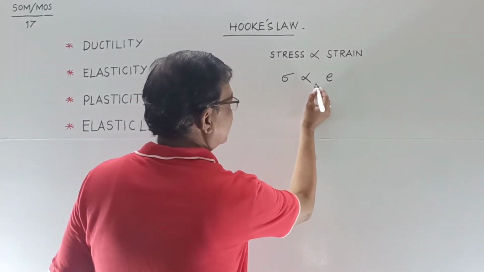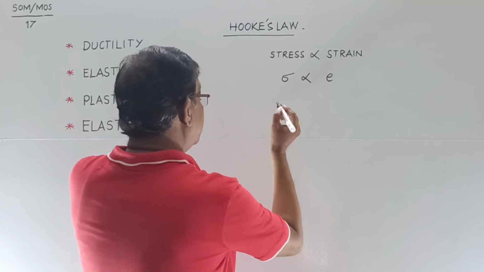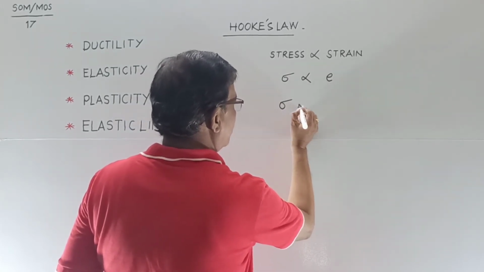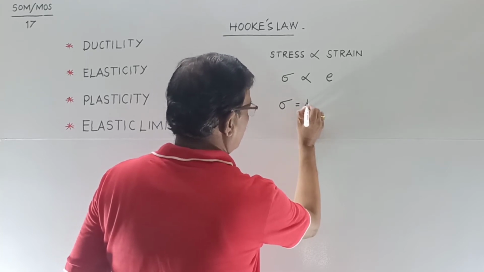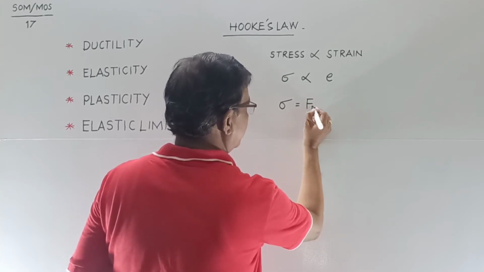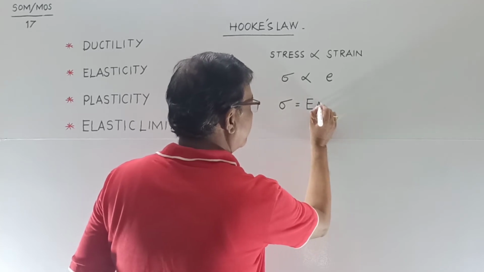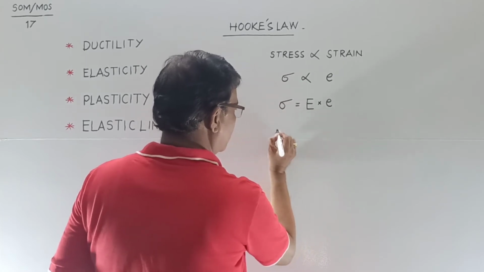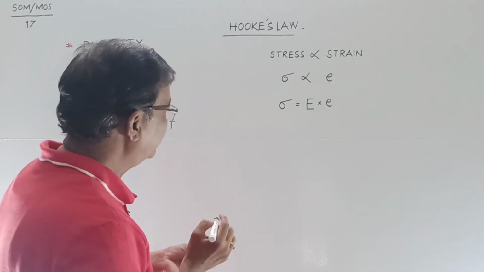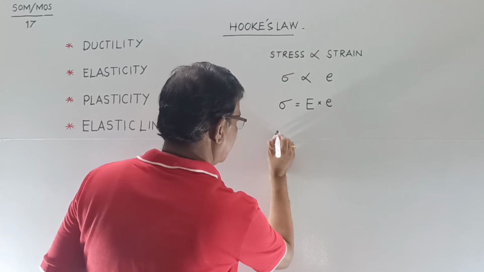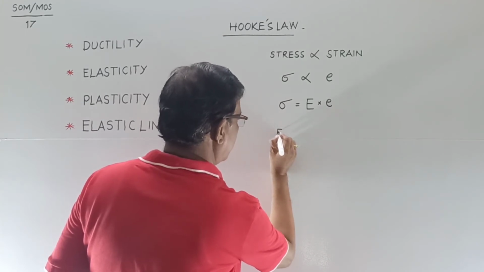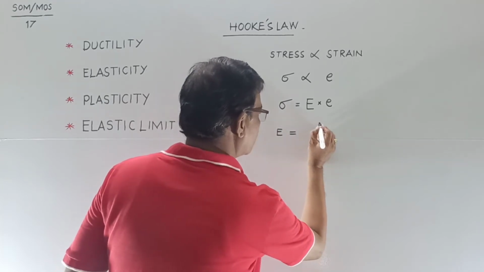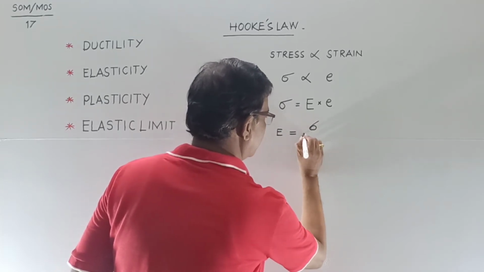Now we know that for removing this sign of proportionality, I will have to introduce the constant of proportionality, that is E multiplied by small e. And what is this constant of proportionality? This constant of proportionality is known as Young's modulus or modulus of elasticity.